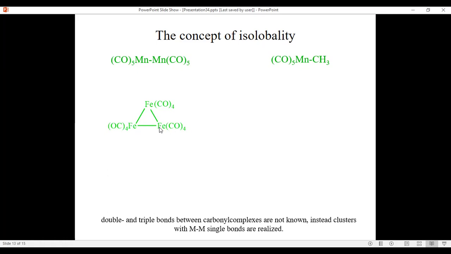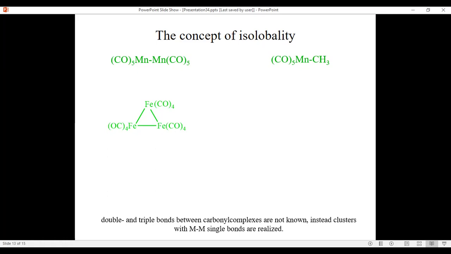And so we have a trimeric cluster of iron tetracarbonyl fragments. So instead of a double bond, there's also the possibility to make two single bonds, and in this case nature utilizes that possibility because the resulting molecule is more stable.